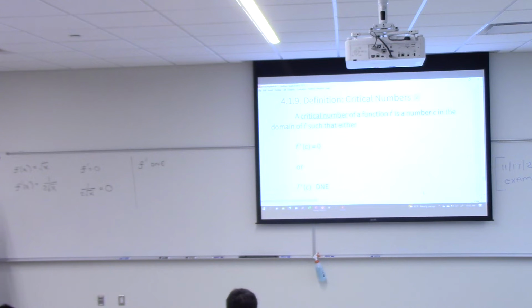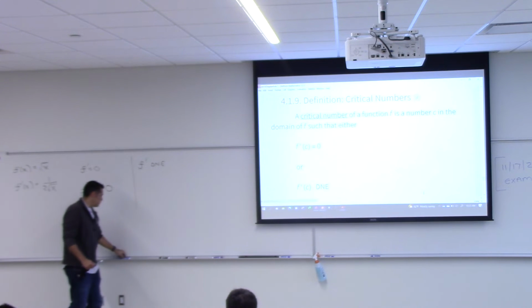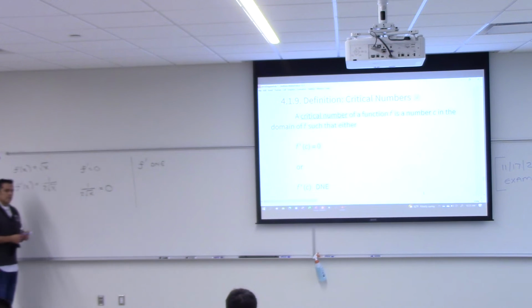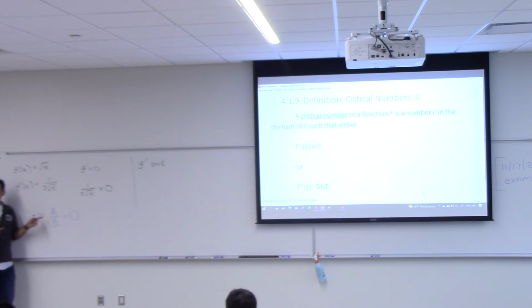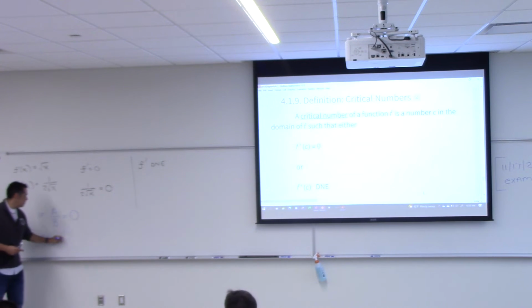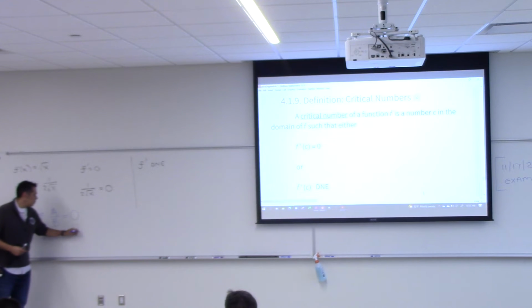So I'm gonna put something on the board here. First time I put this on the board. This is a little side note for us. If you ever have a fraction, a over b, equal to 0, then all you ever have to do is look at where the top is 0.